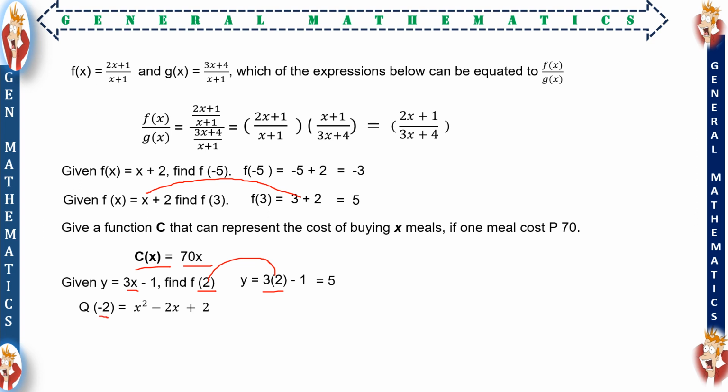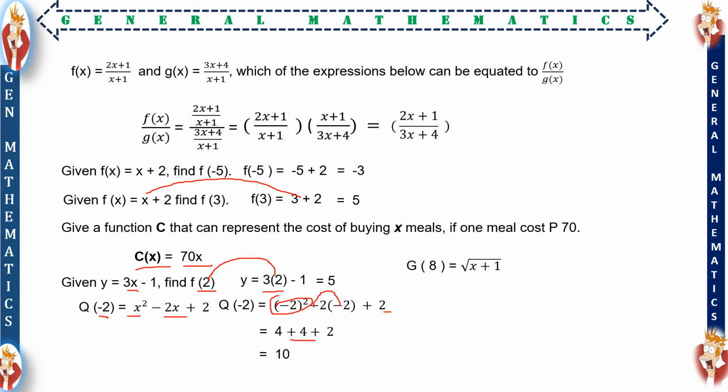Ibig sabihin nun, papalitan natin yung lahat ng x dito ng negative 2. So, this will become 3 times negative 2 squared, minus negative 2, plus 2. Ito po, odd number or even number, therefore magiging 4 po yun. Then, negative times negative is also positive 4. Then, we just drop down 2. Pagsama-samahin natin sila lahat, that is equals to 10.